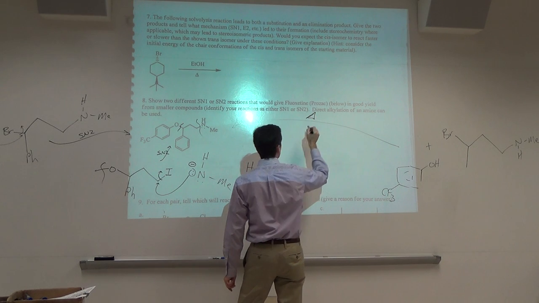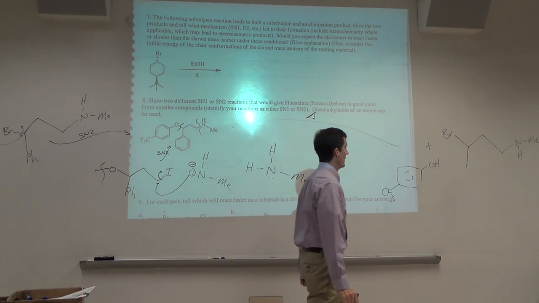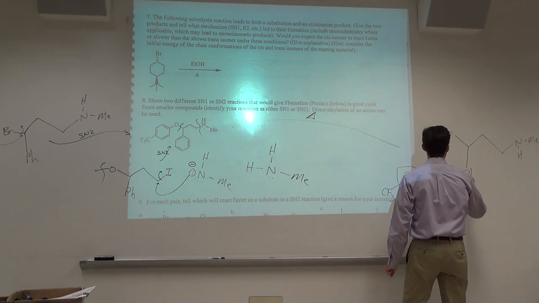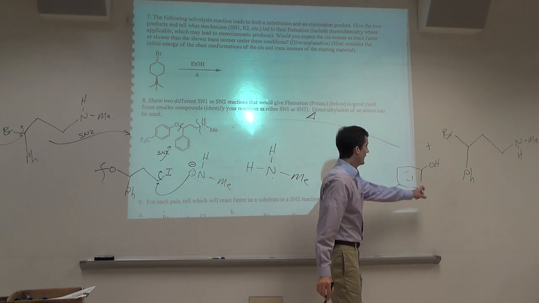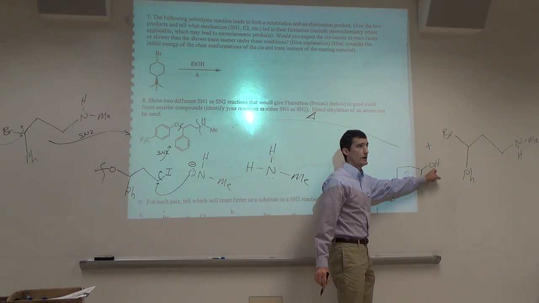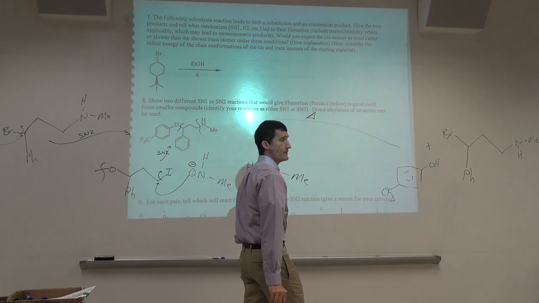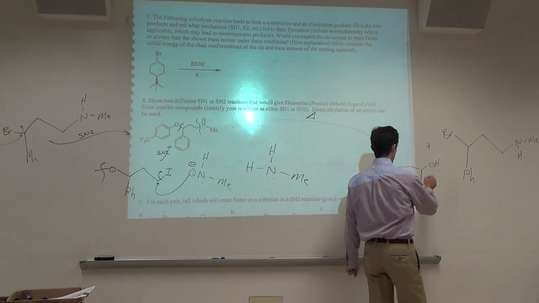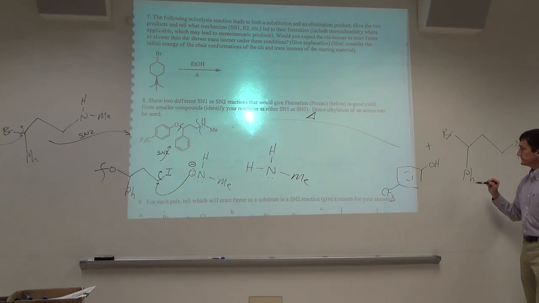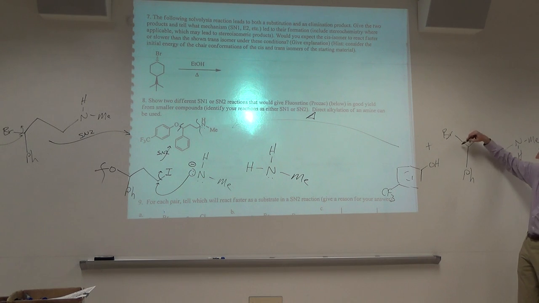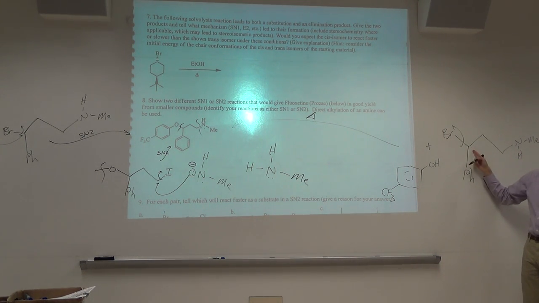And probably heat. This would be phenol. Those two with heat. Keep that as a neutral. And because that's neutral, it's not going to do an SN2. You heat this thing, this will just ionize, make a carbocation, then that'll add. And you'll be doing SN1 because you made a carbocation and then the nucleophile added.